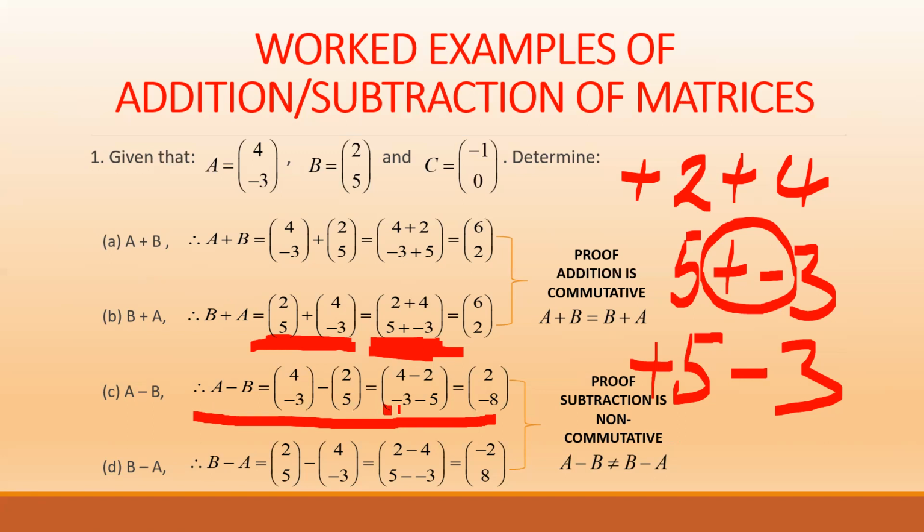And in this step here now, we're going to show how we set out the subtraction of the elements in these two matrices. So 4 and 2 correspond. So it's going to be 4 subtract 2, right? Remember, in setting it out, guys, we put the operation between the elements in this step.